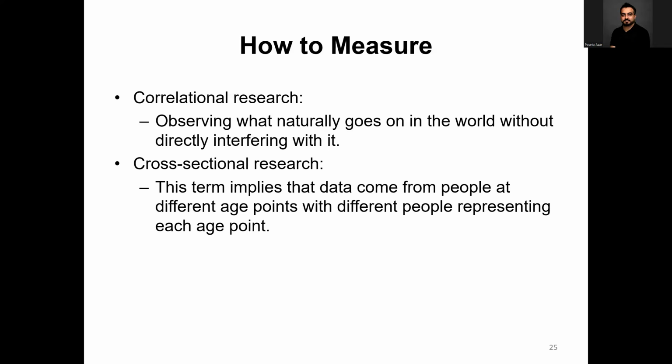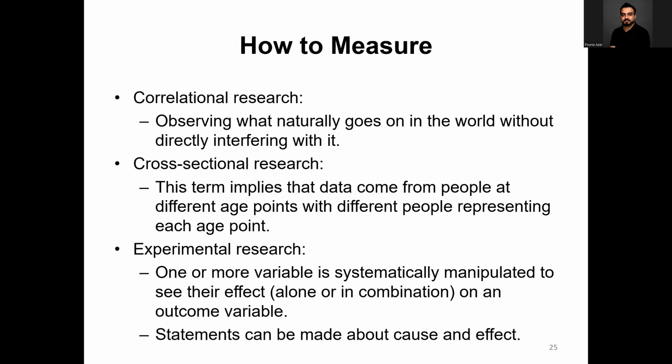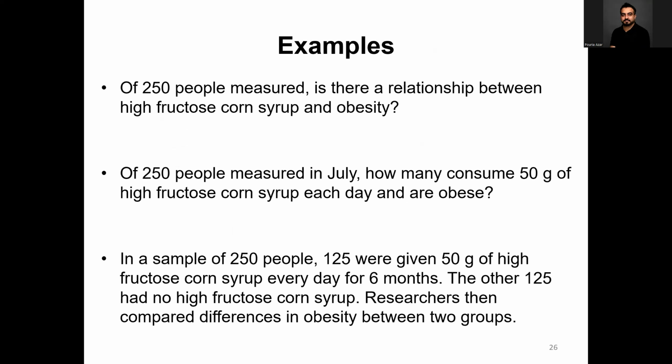That's cross-sectional research. Research can be experimental. Remember, there are more than these types of research, but these are the main ones. Experimental research is when one or more variables are systematically manipulated to see their effect on an outcome variable. And statements can be made about cause and effect in experimental research.